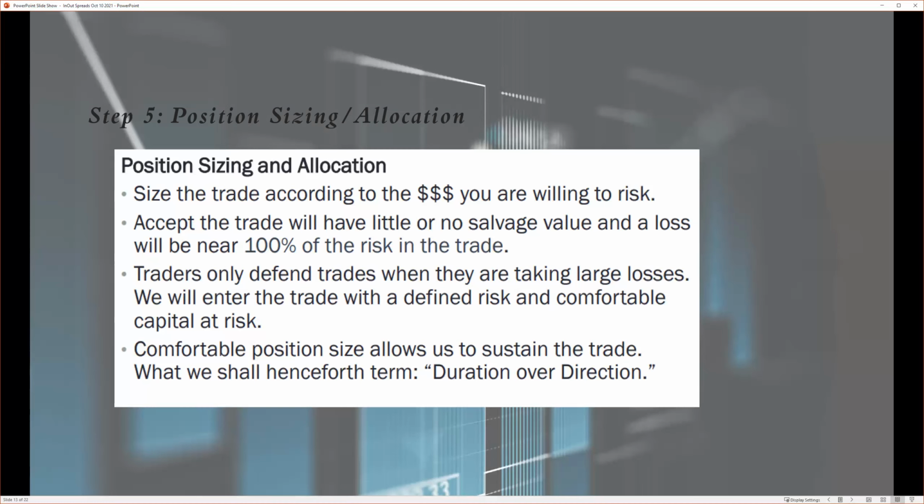So the duration is going to be more important than the direction, because at the end of the day, we don't want that trade to expire when we wanted it to. We just wanted that trade to touch that level within the term that we bought it. And once it touches, we are golden. It doesn't matter if it touches only for 15 minutes, 1 day, or for 3 days, right?